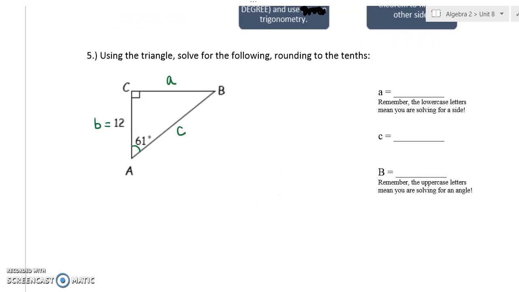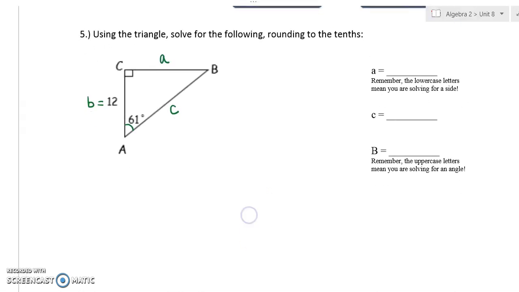In order to solve for A, we need to use trigonometry because we have two sides missing. So if we have two sides missing, we have to use trig. I can't do Pythagorean theorem. So I'm going to say angle A is where I'm looking at everything from. My eyes are right here. And across from me is A, which is my opposite side.